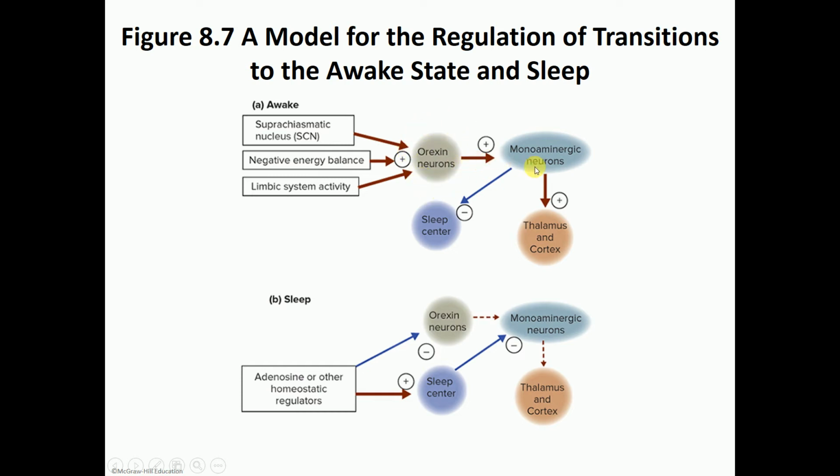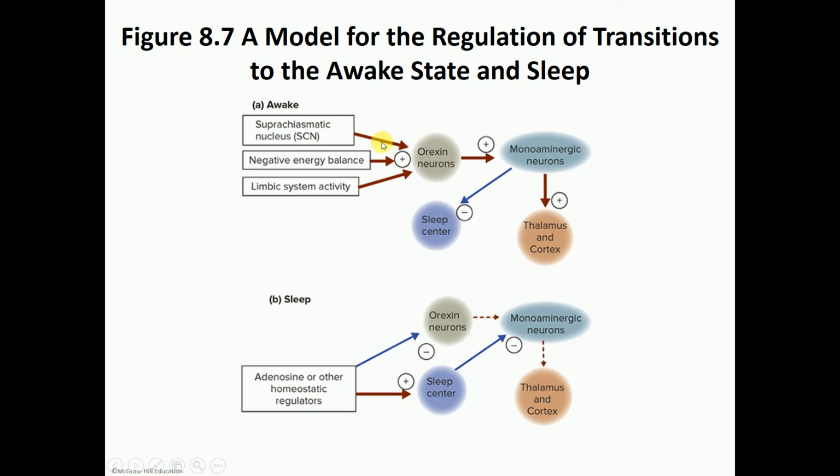Now, orexin will stimulate these monoaminergic neurons. When the monoaminergic neurons again are stimulated, they are going to stimulate the thalamus and cortex and also inhibit the sleep center. So not only are you waking yourself up by stimulation of the thalamus and cortex, but you're also inhibiting the sleep center. Now, how are these orexin neurons stimulated?